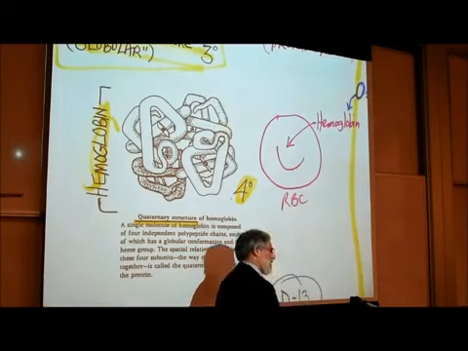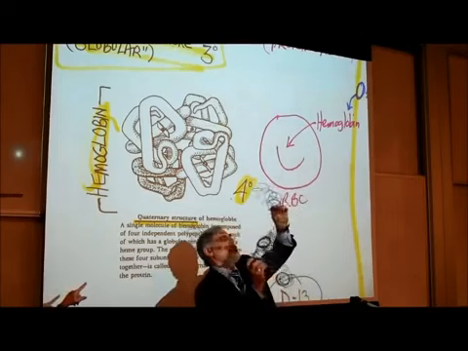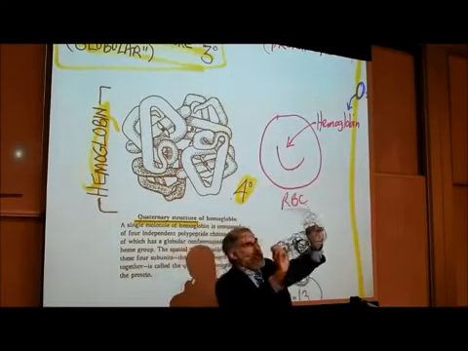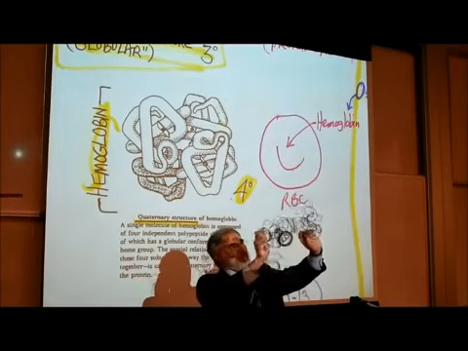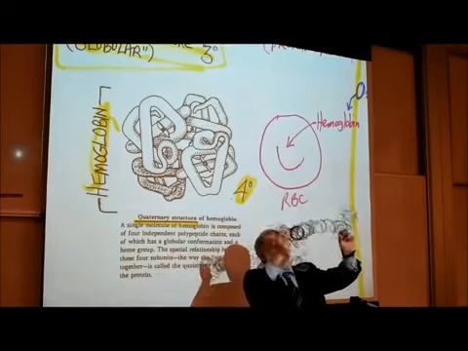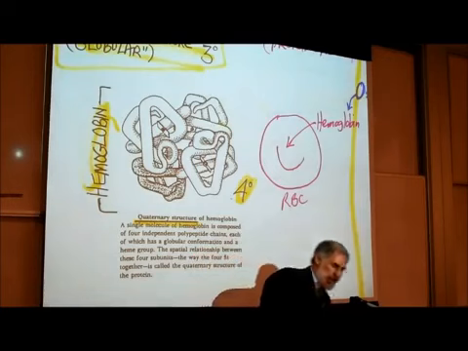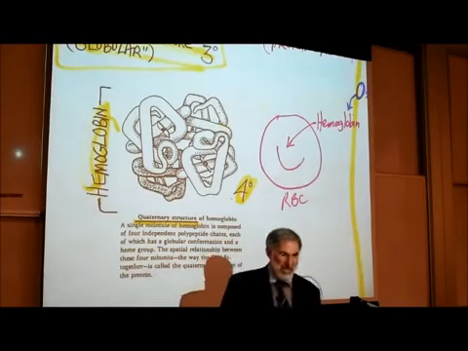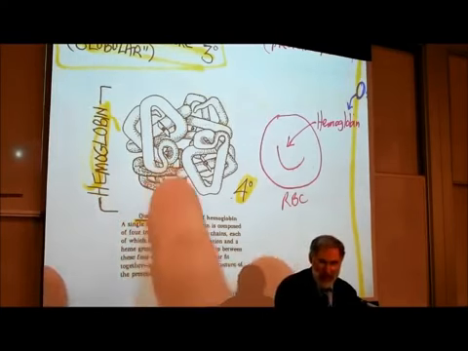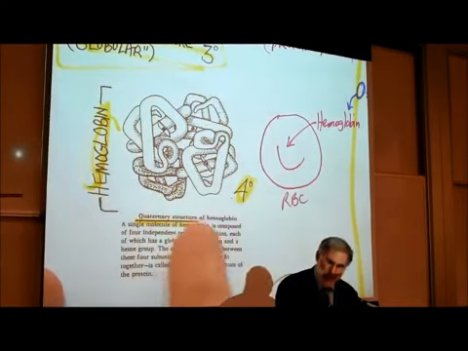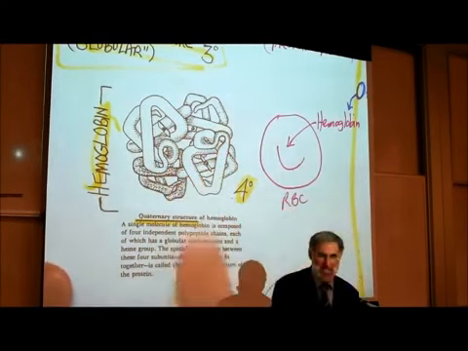Now, the definition of a quaternary structure protein is that it's actually made up of 2 or more of these globular proteins twisted together. So I didn't bring another twisted up, messed up slinky like this, but if I had another slinky just like this one and I twisted the 2 together, we would call that a 4th level or quaternary level. In fact, in the case of hemoglobin specifically, hemoglobin is actually made up of 4 globular proteins, or twisted up slinky-like proteins twisted together.